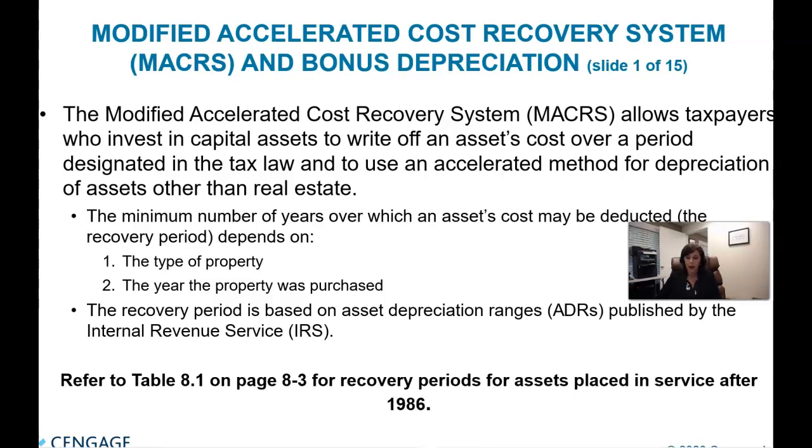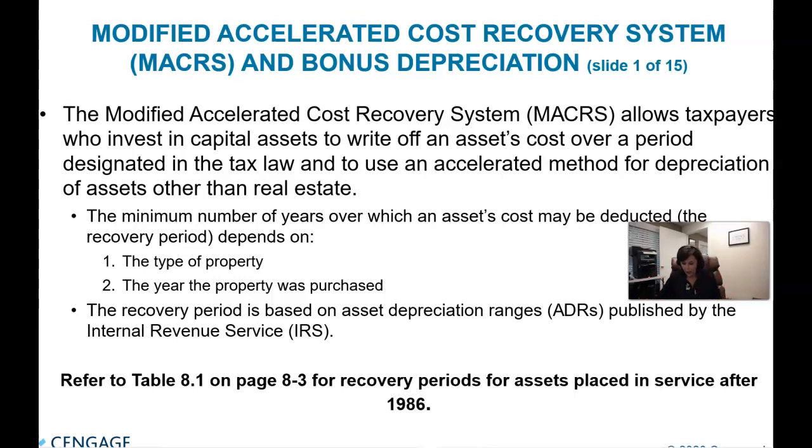So first of all, when you're using the MACRS method, you have to determine what this asset's useful life is. And the good news is the IRS has taken that guesswork out of it for you.